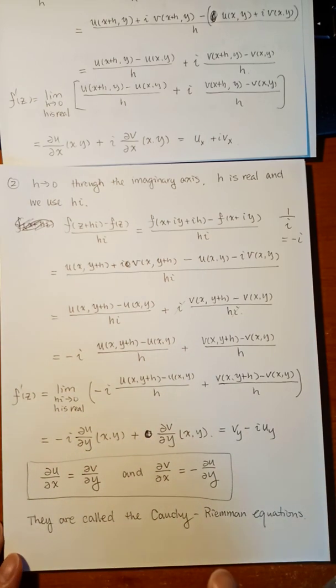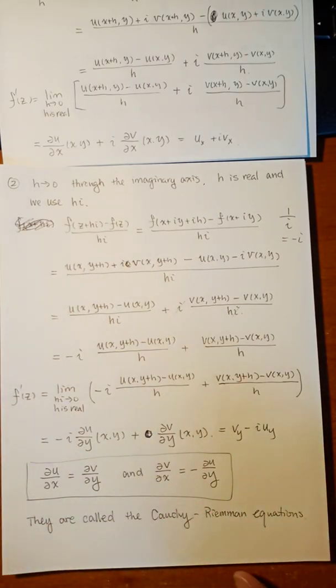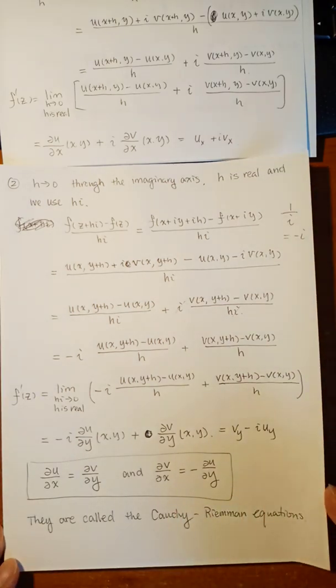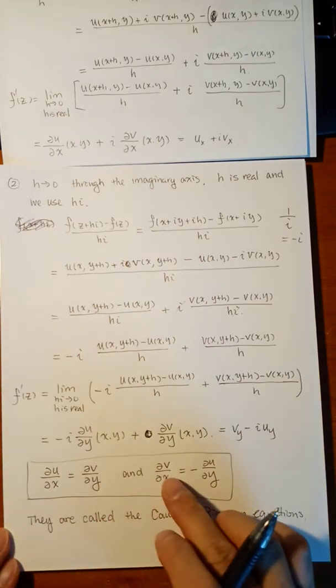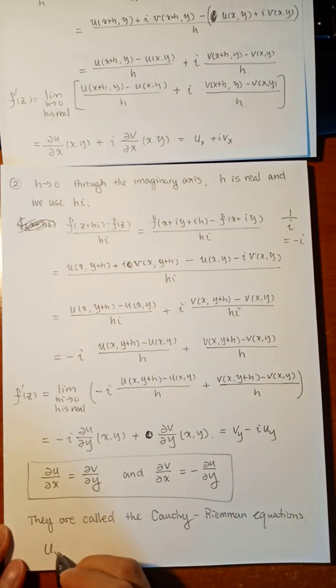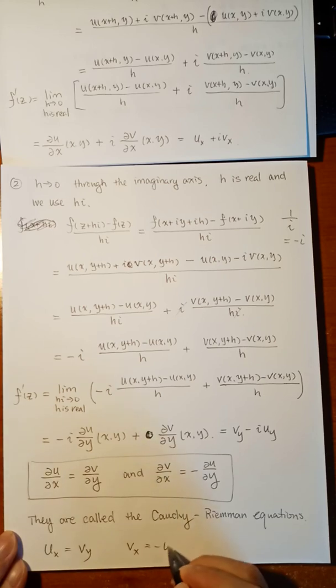So be careful: this set is called the Cauchy-Riemann equations. You have the corollary, but that is not a Cauchy-Riemann equation. This one: ux is vy, vx is negative uy.